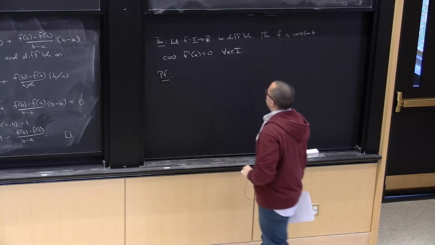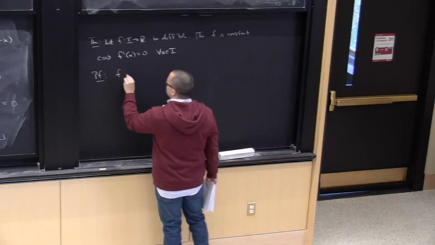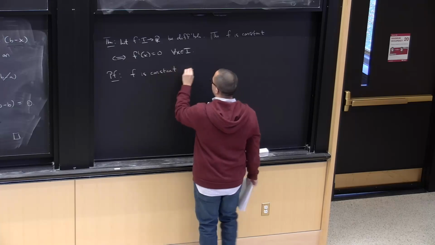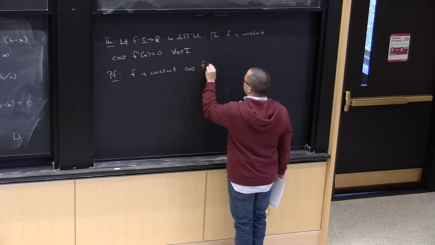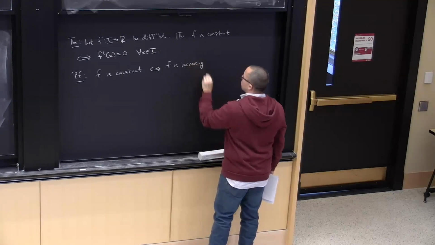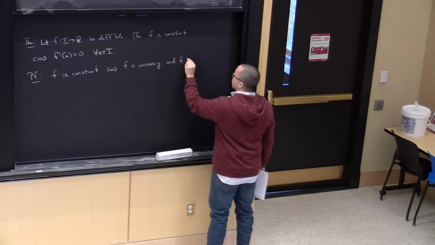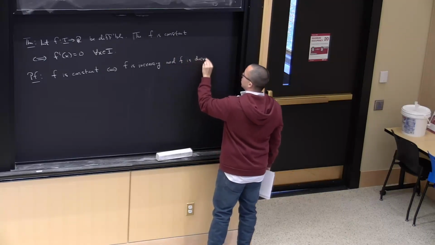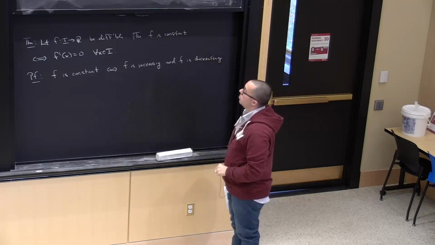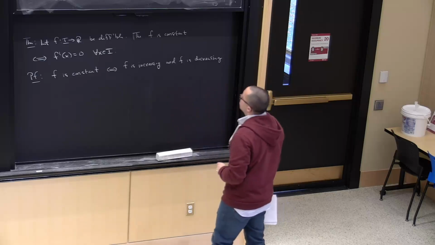So, f is constant if and only if f is both increasing and decreasing, right? Because it satisfies the equality sign in both of those.